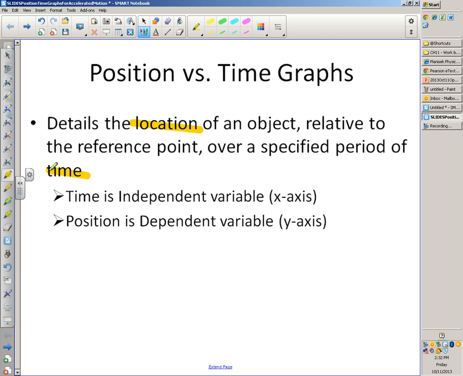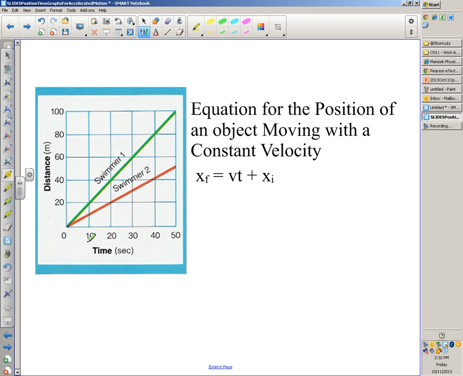Where is this object at what time? And we said that we can use a position time graph. This is one of the first position time graphs that we looked at, and we talked about these 2 swimmers, how far swimmer number 1 goes, where she is at this time, and where swimmer number 2 is in relation to number 1.